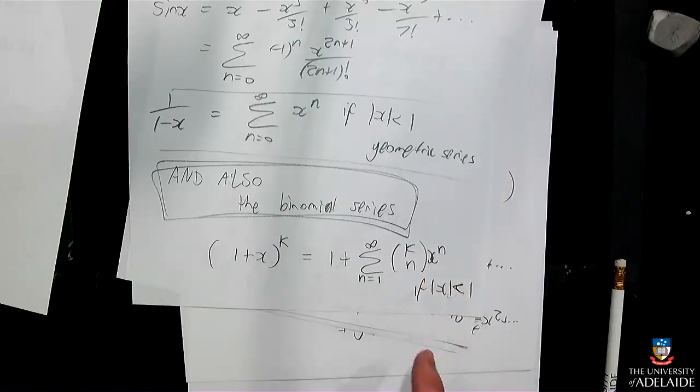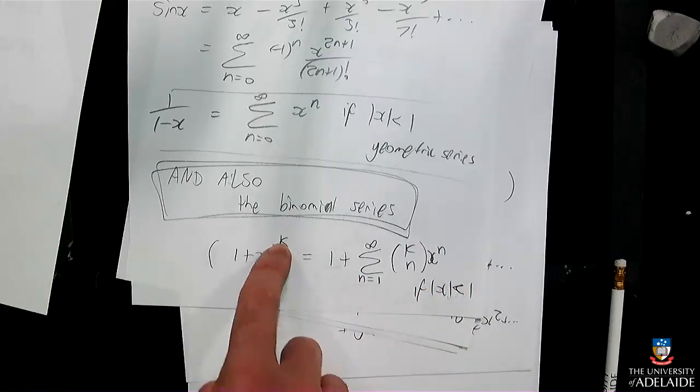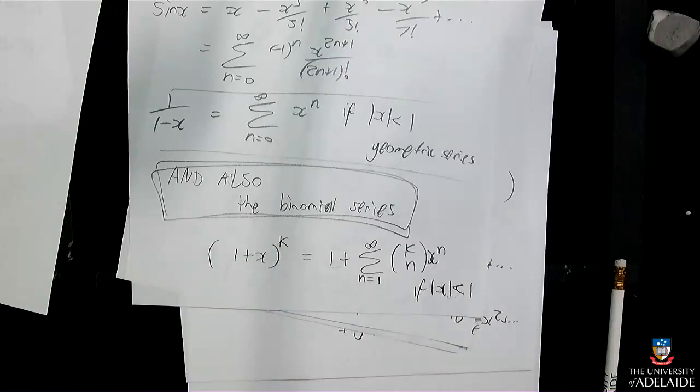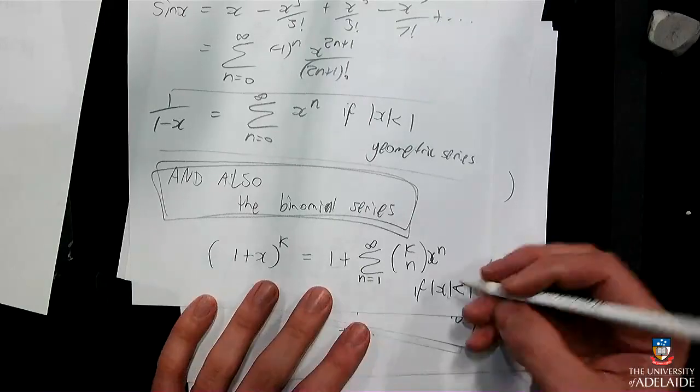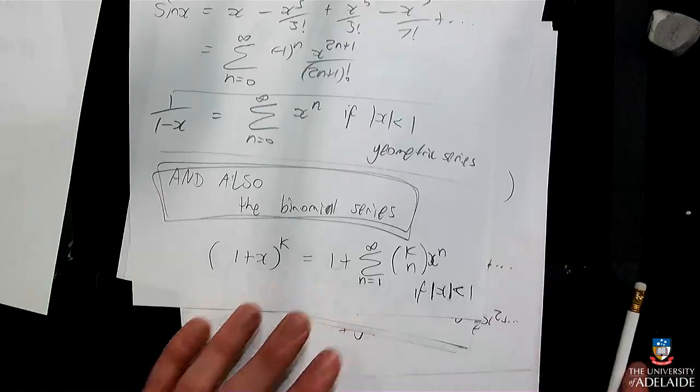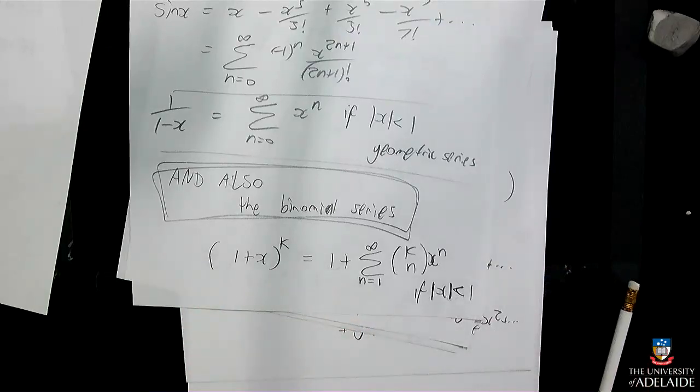It's also convergent for any x if k is a whole number, because if k is a whole number, when you get past k, you end up with a 0 for that coefficient, and so it all works out fine. So that's absolute value. Yep, it'll work if x is negative, as long as the negative number is less than 1 in size. Good. Excellent.